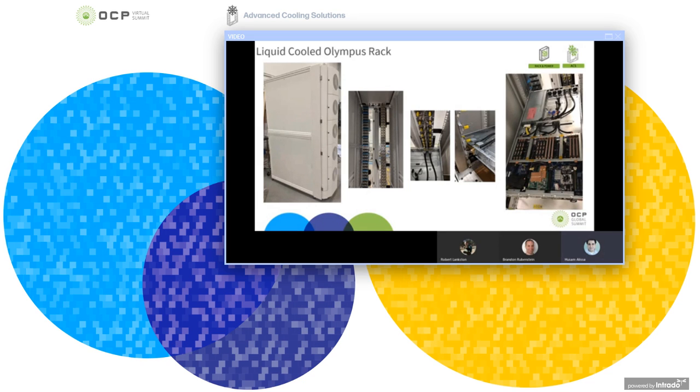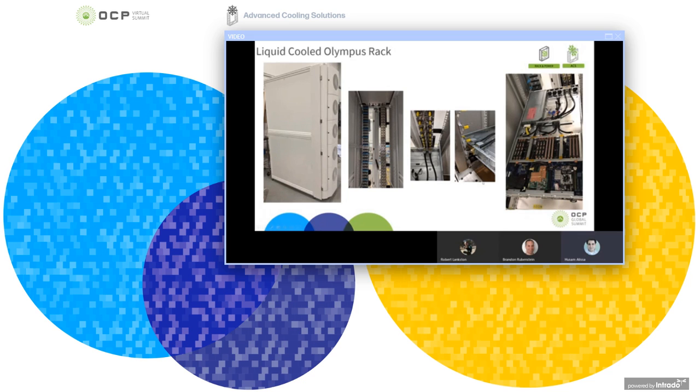Here we will have a deeper dive into the Olympus rear door heat exchanger system. As you can see in the leftmost figure, it shows the Olympus rack with a rear door heat exchanger and N+1 fan configuration. Looking inside the rack with the rear door heat exchanger open and the rack empty of servers, you can see the Olympus rack PMDU for blind mate power, but you can also see the right blind mate manifold for blind mate cooling.